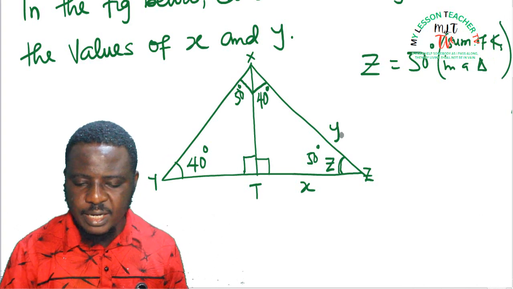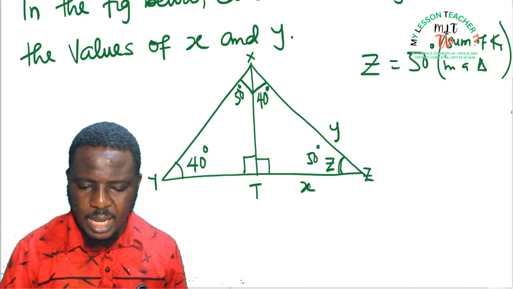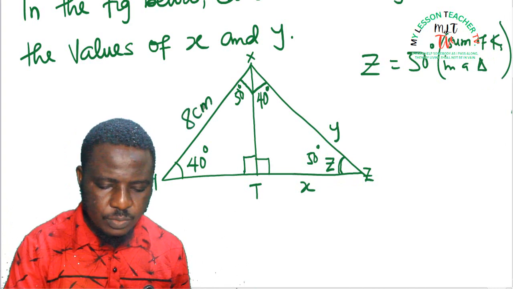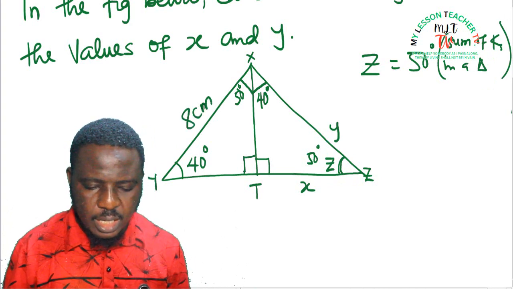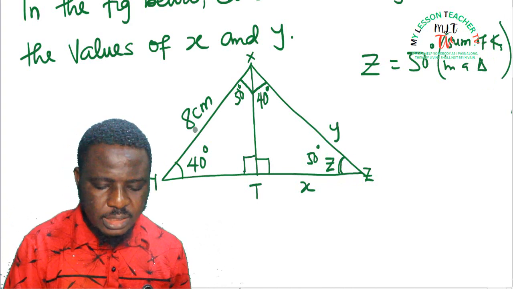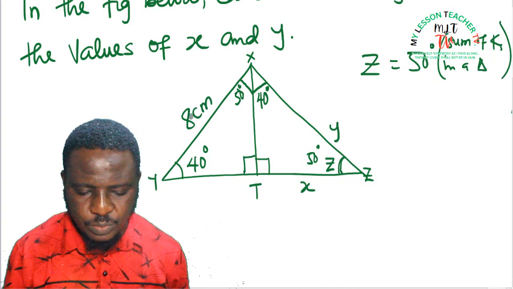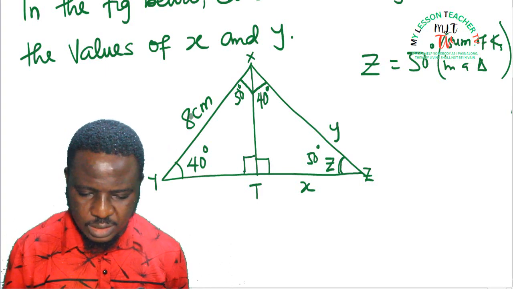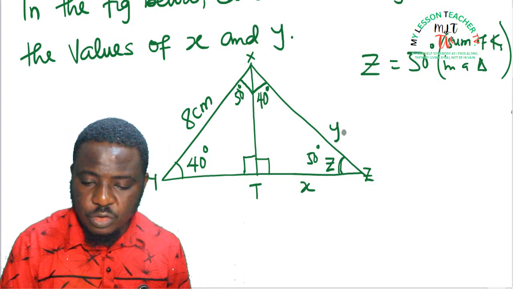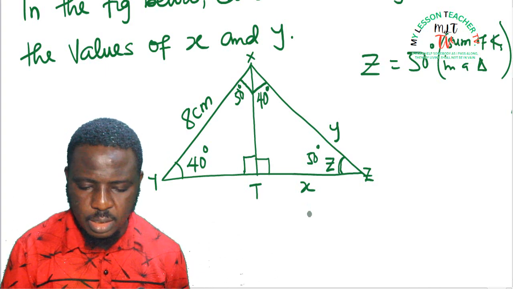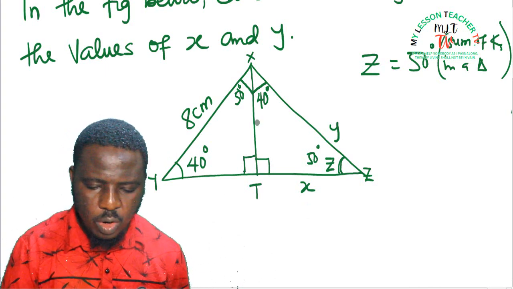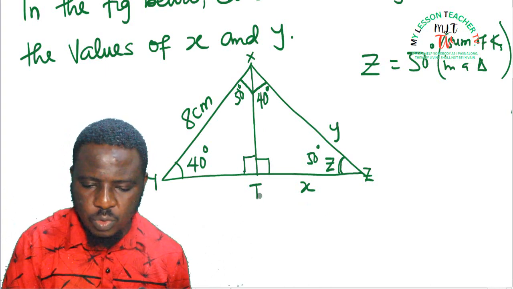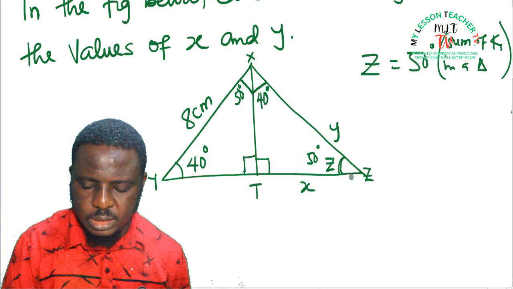Now we are asked to find side Y and side X, and side YZ is given to be 8 centimeters. So in order for us to find Y and X, we must first of all get at least a side of triangle XTZ.